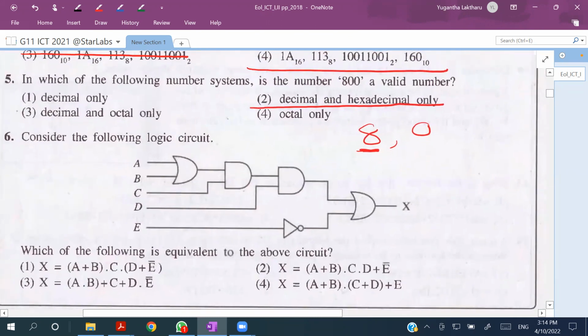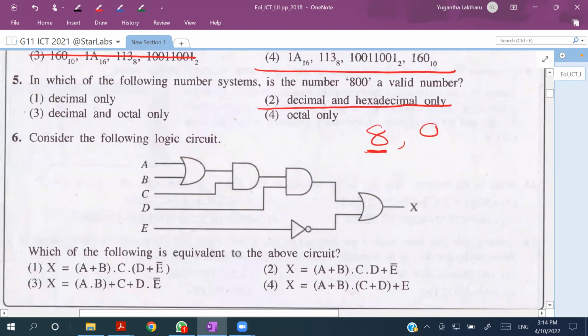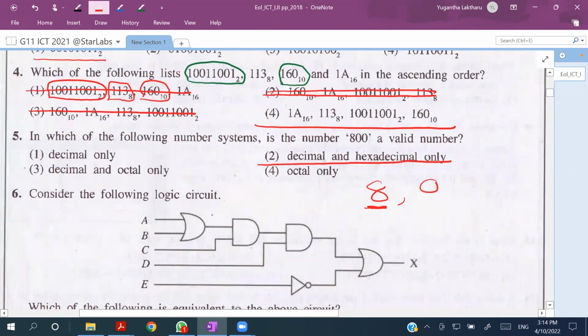Right, so let's see how this is going to go. Here it's going to give me A plus B, right?